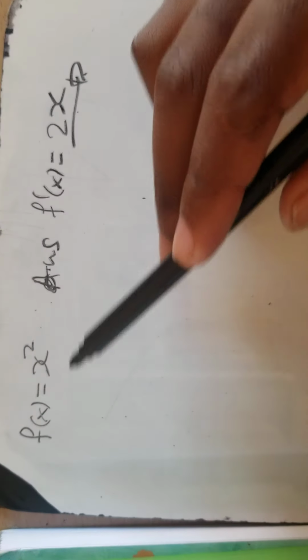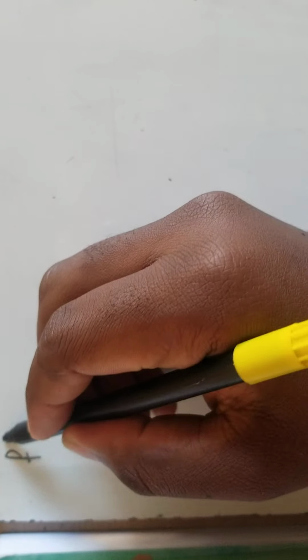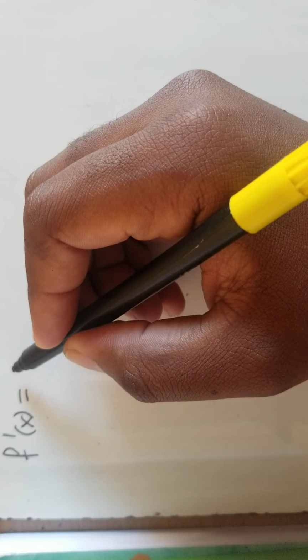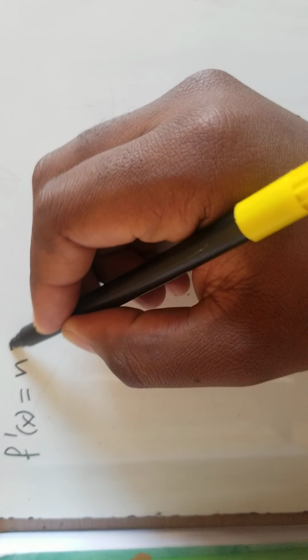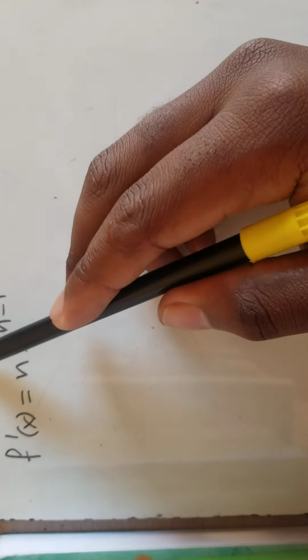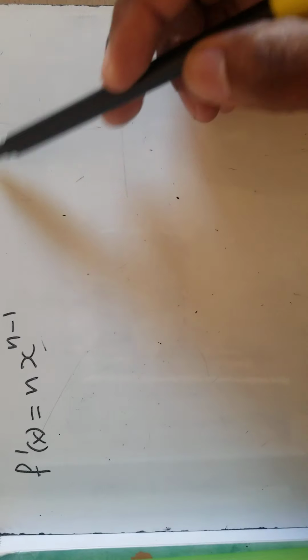Now there is a shorter way of getting to the answer, but that way doesn't use first principles. It has a general equation, given by f prime of x is equal to n x to the n minus 1. If you derive f of x using this equation, you will get to this answer.